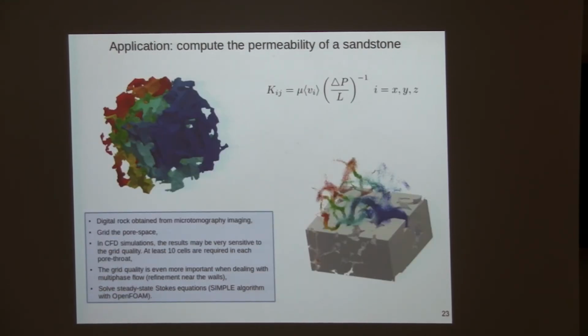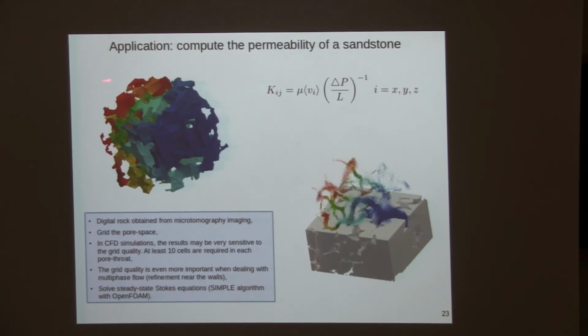So, some examples. Here it's an image of a sandstone we obtained in the lab. We do the segmentation of the image, we take, in this case, only the void space. We put boundary conditions at the surface of the grid here: no slip.